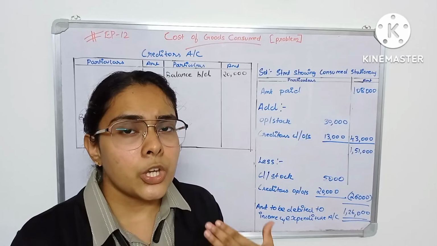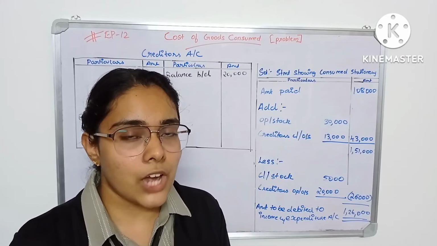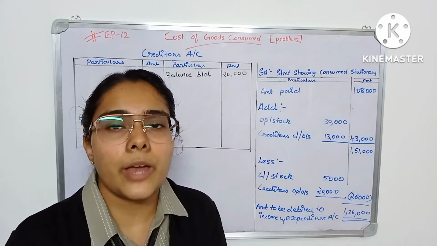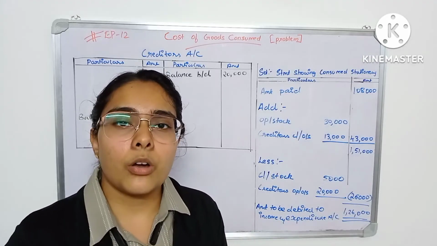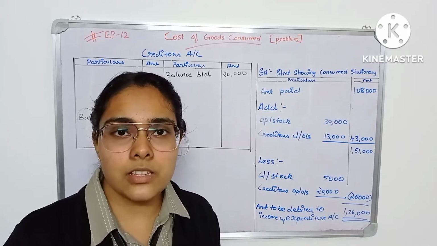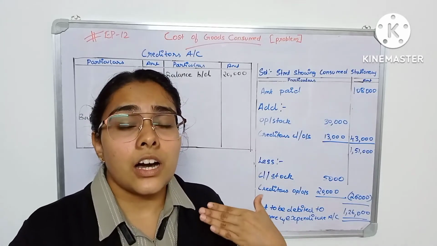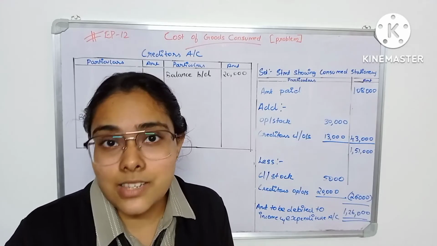Just imagine you are giving cash, so cash is going out, or bank. You may be giving a cheque or whatever it may be. So you will credit the bank account or the cash account, and the creditors are the receivers. They are receiving the money, or in other words their liability is decreasing. Their debt is decreasing.